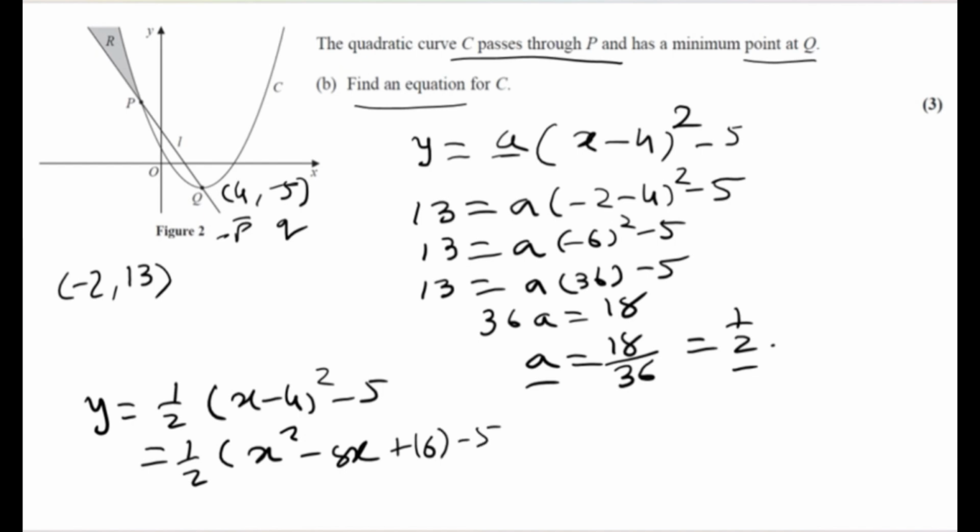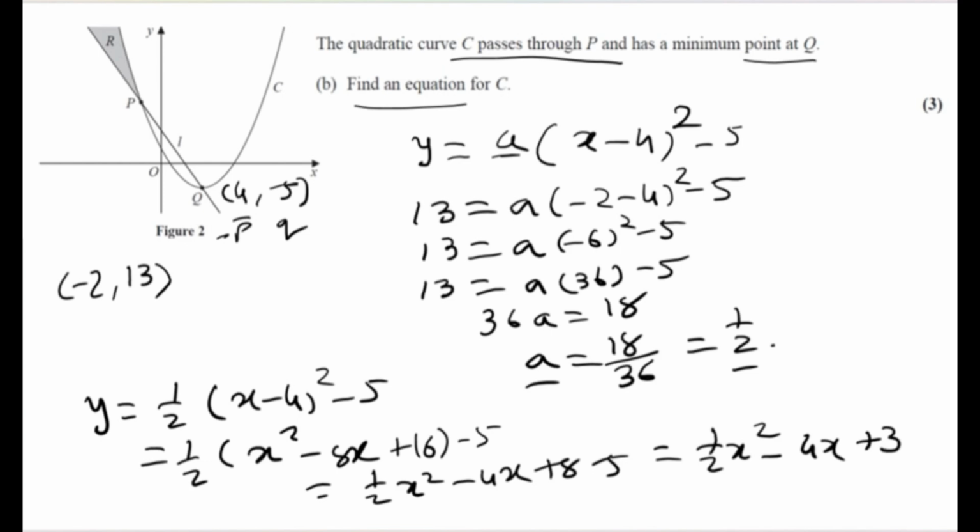Multiply the whole thing by half. So ½x² − 4x + 8 − 5. So y = ½x² − 4x + 3. So this is my final answer. This is the equation of the curve that we were going to find.